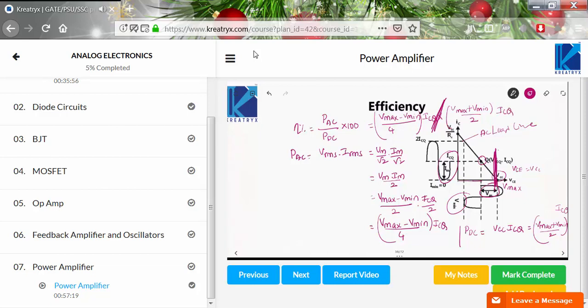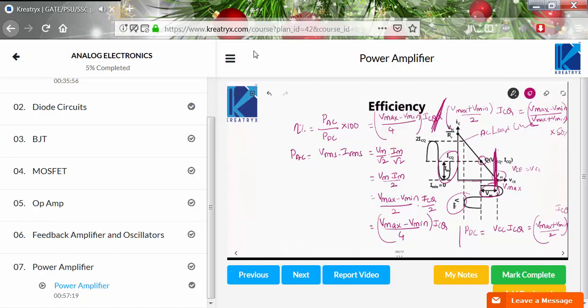Now what is the final value, which is equal to V max minus V minimum by V max plus V minimum into 50%.